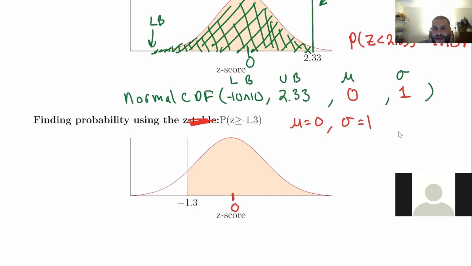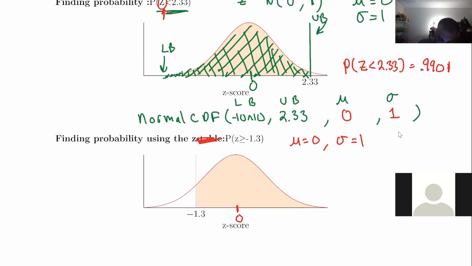So if you look at the probability that Z is greater than or equal to, the equal sign really doesn't matter, because since we're dealing with a continuous data set, it doesn't matter if we include the negative 1.3 or if we don't include it. So the equal sign makes no difference to the question. So it said probability that Z is greater than or equal to negative 1.3. Here you go, negative 1.3.